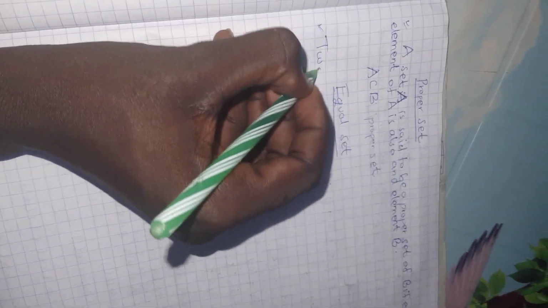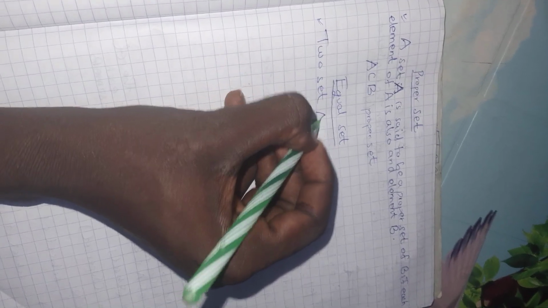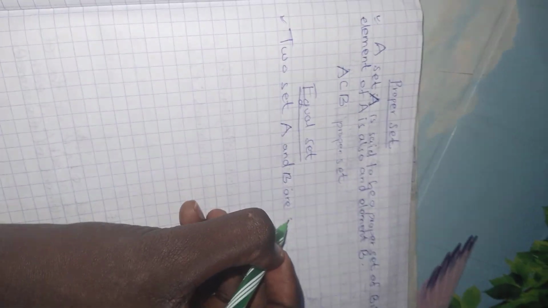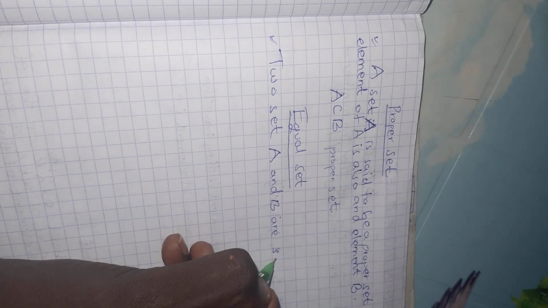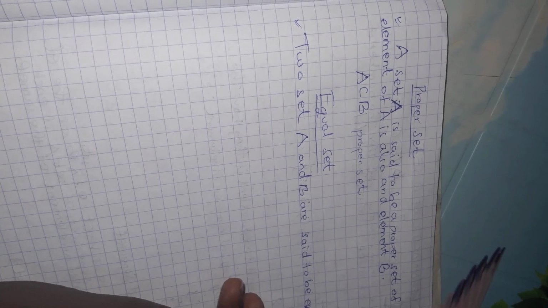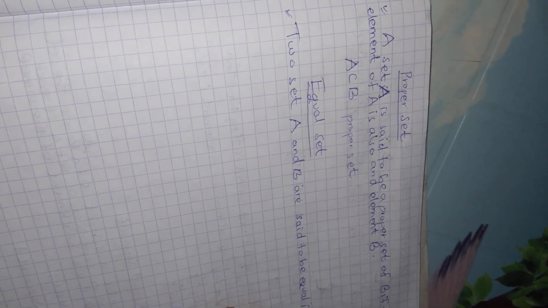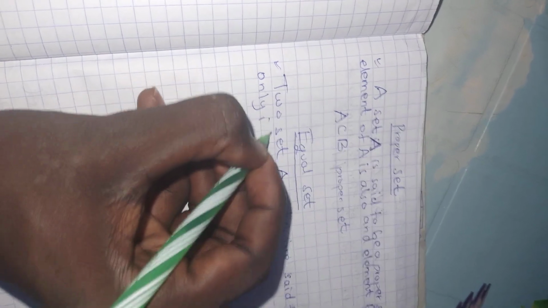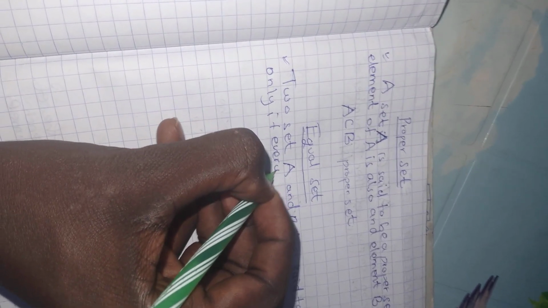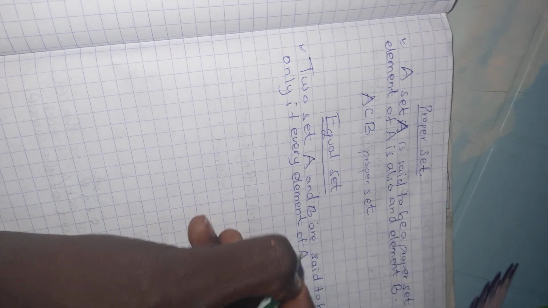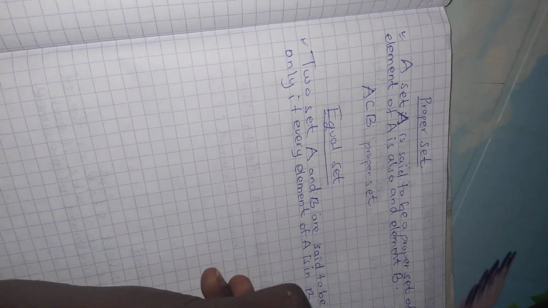We have two sets, set A and set B, are said to be equal if and only if every element of A is in B. Let me try to show you this thing.